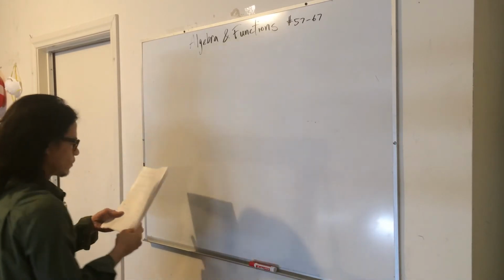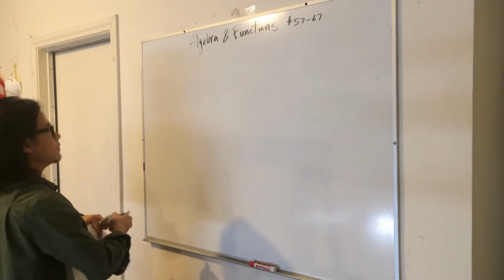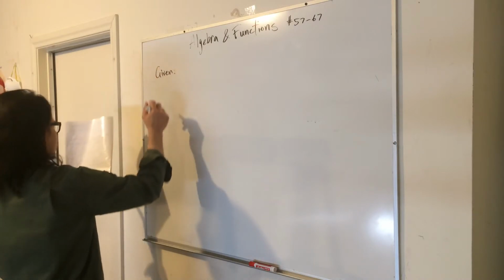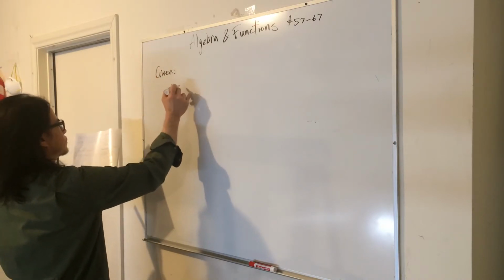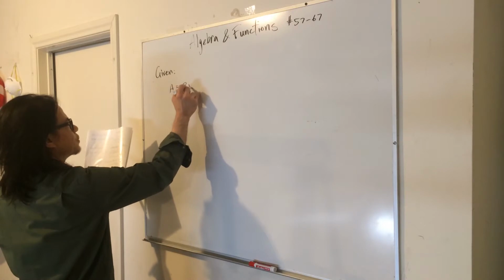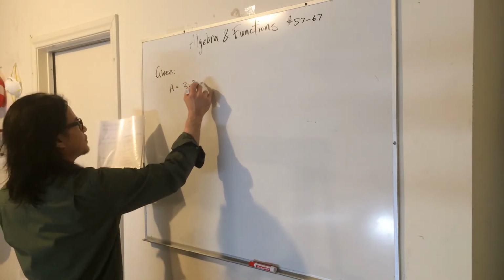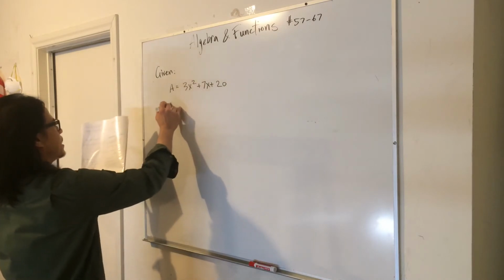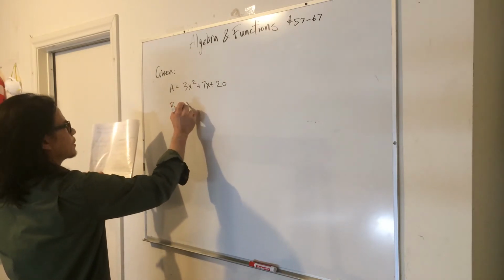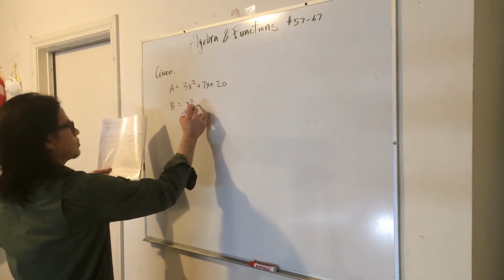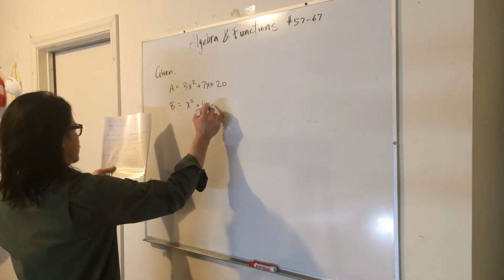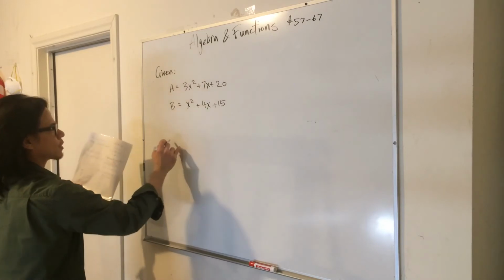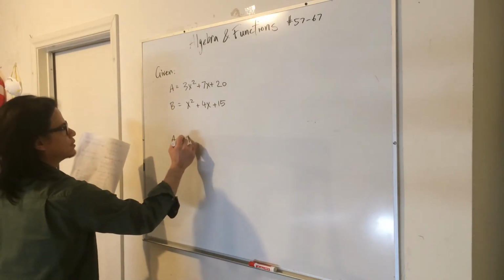So, let's say you're given A equals 3x squared plus 7x plus 20. B equals x squared plus 4x plus 15. What is A minus B?